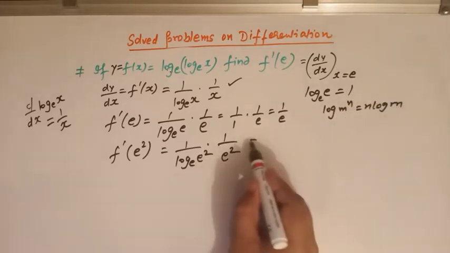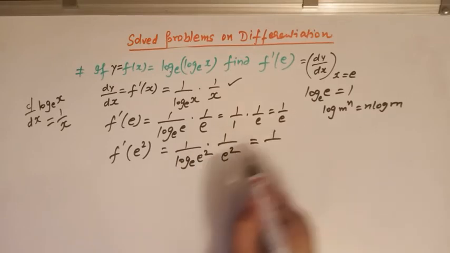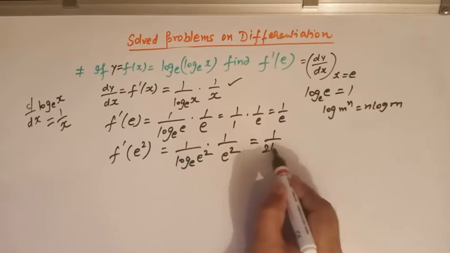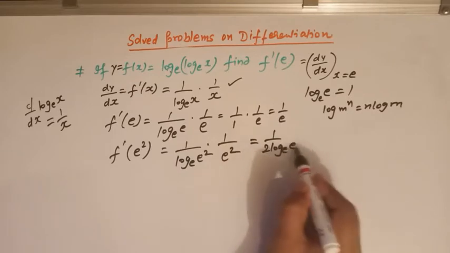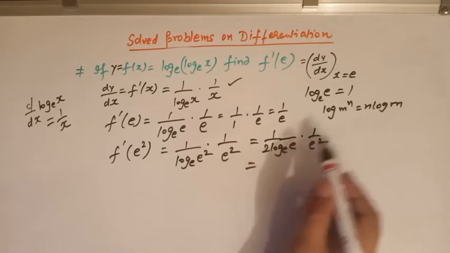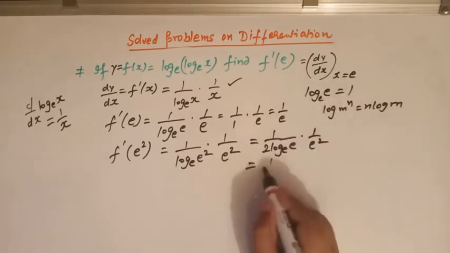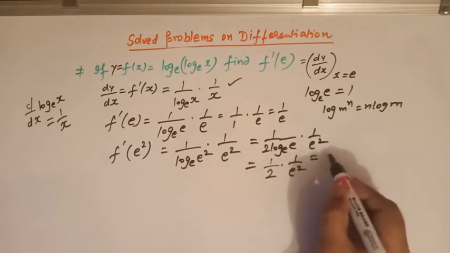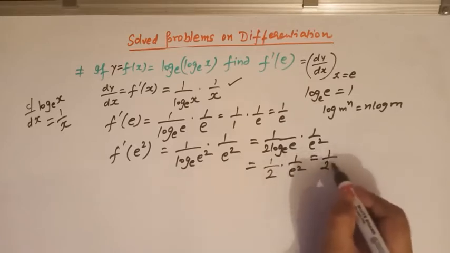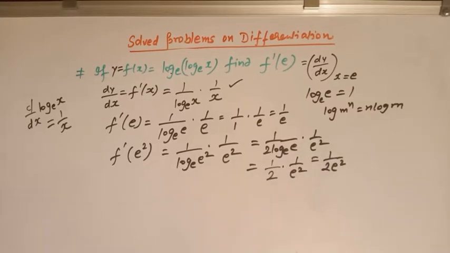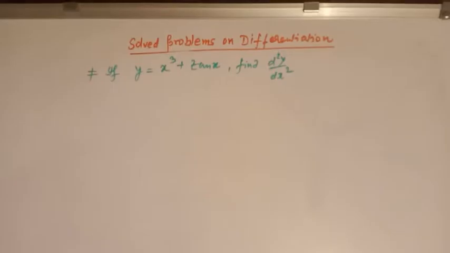So we take 2 to this position, 2 times log e, then we have 1 over e square. Log of e is 1, so we have 1 over 2 multiplied by e square, and finally we have 1 over 2e square. Clear? Okay, let us take the third question.